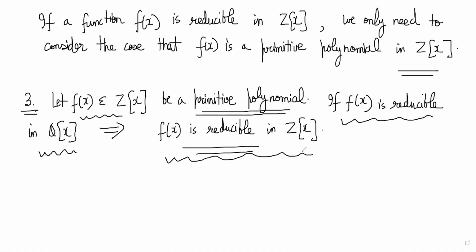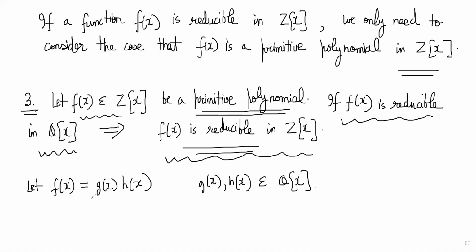Okay. So how do we think about this? We say let f of x be equal to g of x times h of x, where g of x and h of x belong to Q of x. This is what it means when we say f of x is reducible in Q of x, right? Now g of x and h of x are the factors of f of x in Q of x, and they themselves belong to the set of polynomials Q of x.